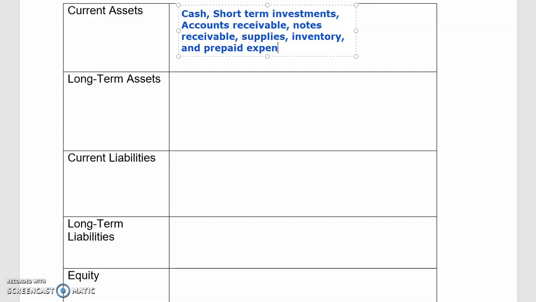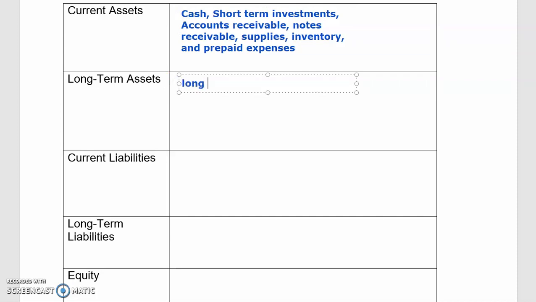So all of these accounts relate to assets that we have already converted into cash or can easily convert into cash, or we will use or consume within the short term, meaning less than a year. Then we have long-term assets that we plan to use longer than a year.